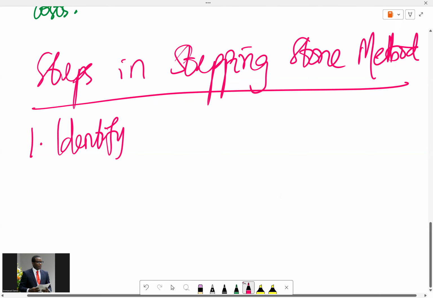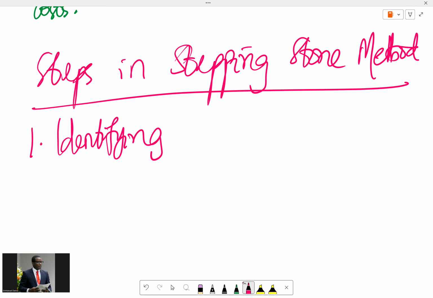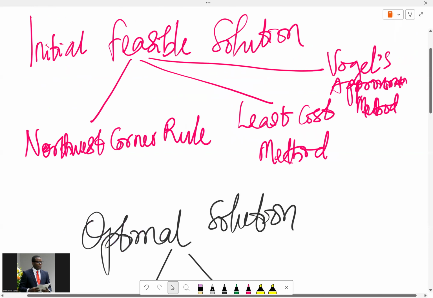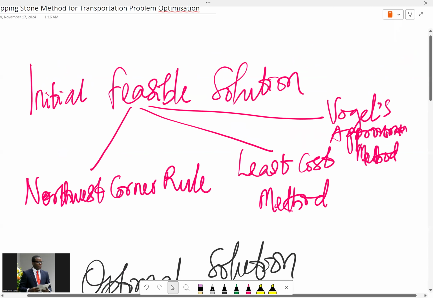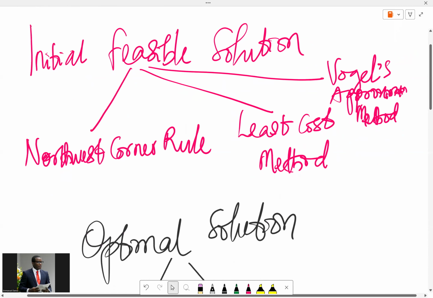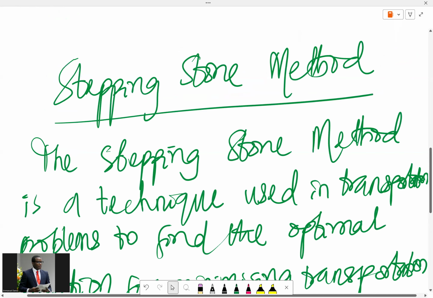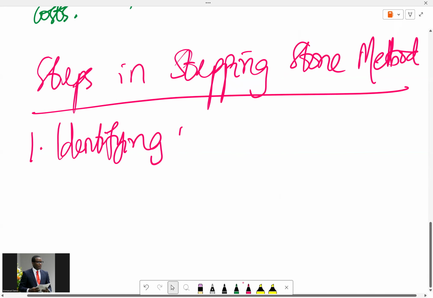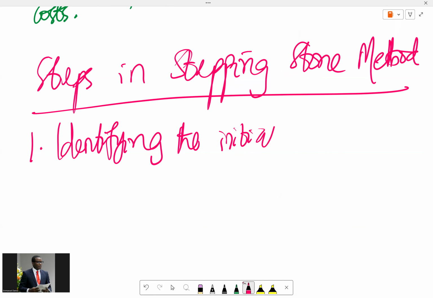You need to first of all identify an initial feasible solution, which you would have derived using any of the northwest corner rule, least cost method or Vogel's approximation. So the first step is to identify the initial feasible solution.